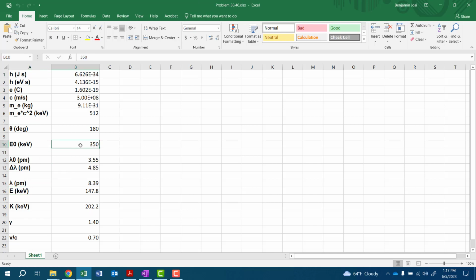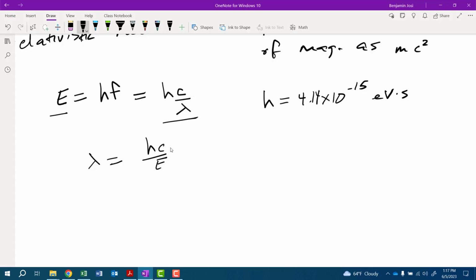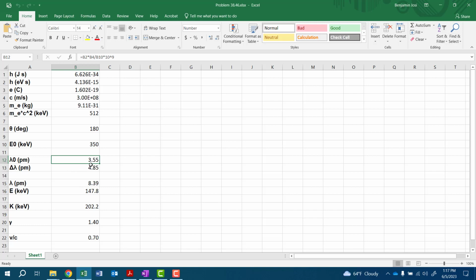This is the number they gave us, 350 kiloevolts. The number here is what I get by applying the formula we just looked at. So if I go back to OneNote here, plug in the value of h in eV seconds, plug in the 350 kiloevolts, at the end I got some number times 10 to the negative 12th. Well, 10 to the negative 12th, that's pico, so we can express the wavelength in picometers, just because it's easier.